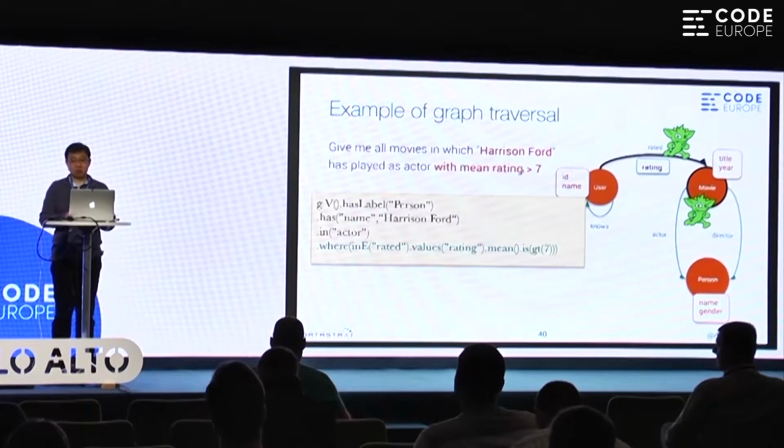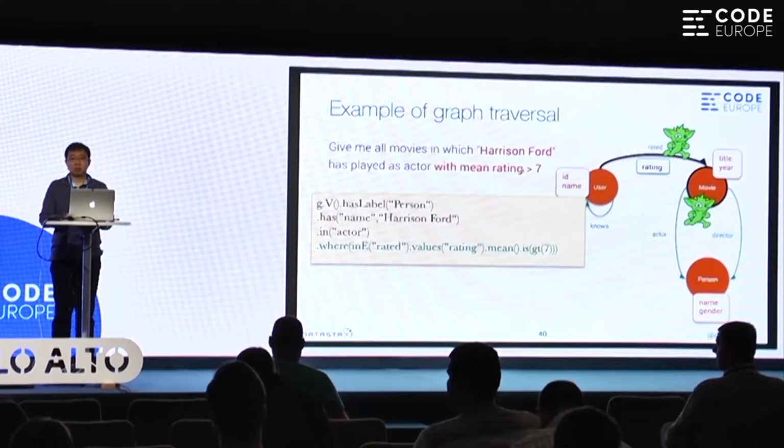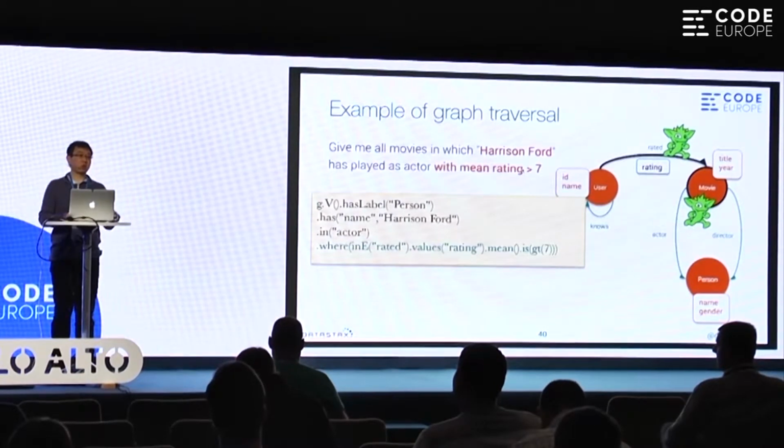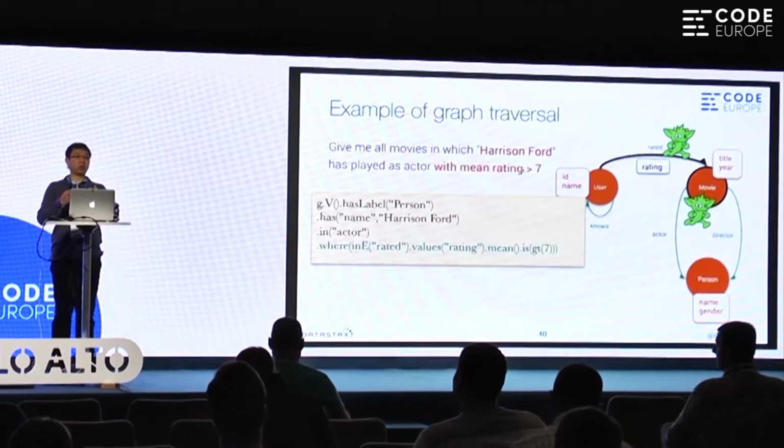Does it mean that we need to first install the database and on top of this we create such solution, or do we have an existing database and we can just put this solution onto this? So the question is, does it mean that we need to install a database first and then put TinkerPop on top of it, or does a solution exist where you can just use it?